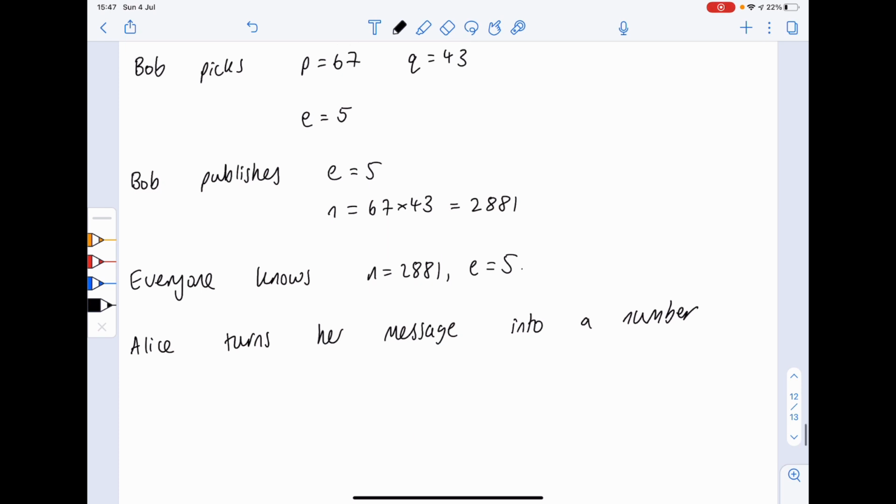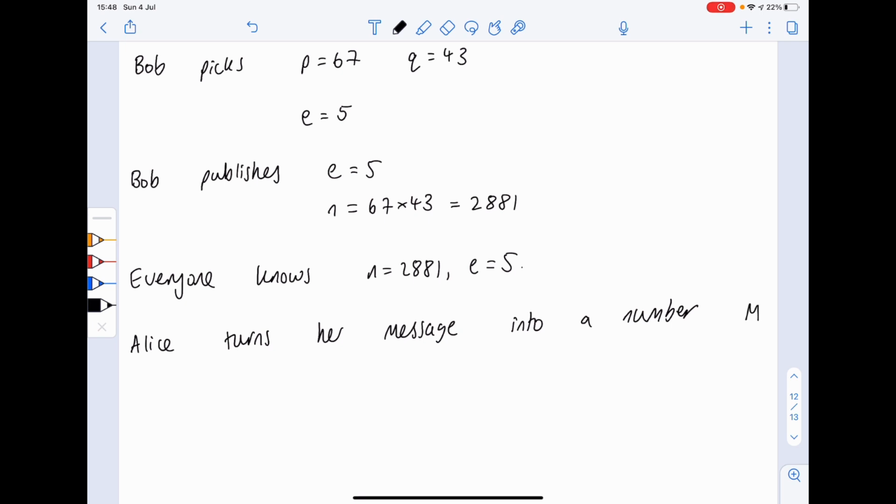So it's going to be a 6-letter word, and she's going to split it into 3 2-letter words, just because then the numbers are a bit easier. So that number's called M, right? But in this example, it's going to be 3 numbers, M1, M2, and M3.